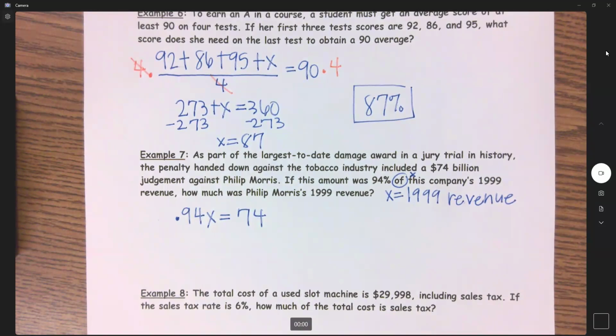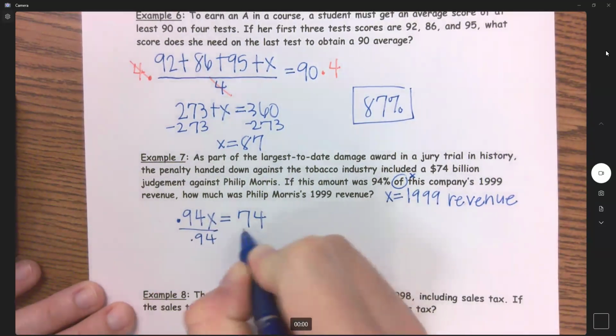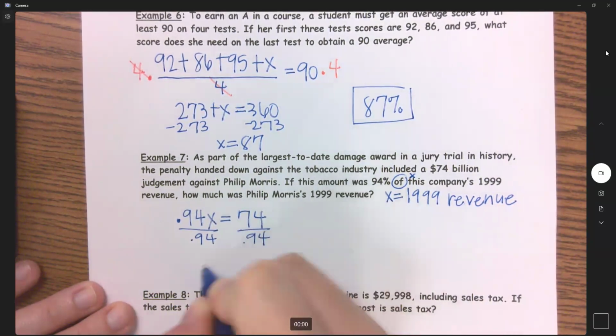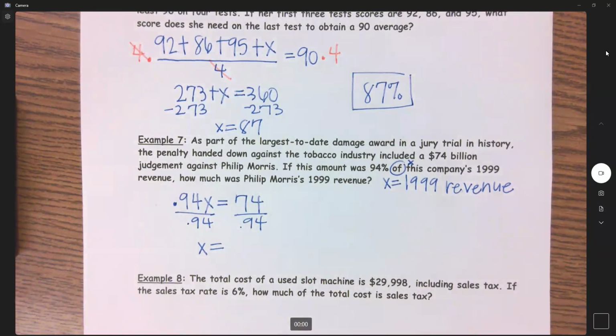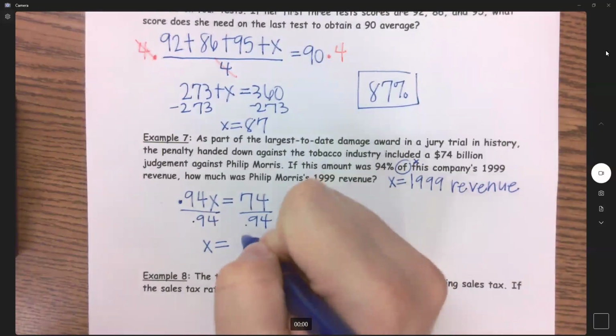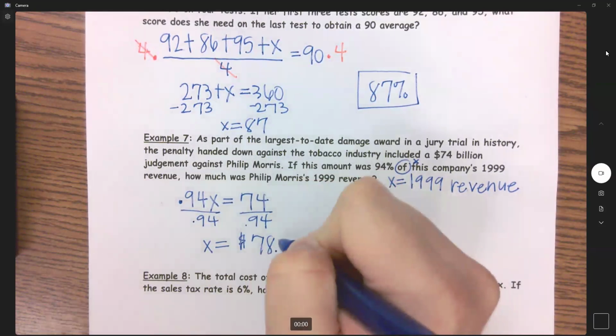Now, this is just division. Divide both sides by 0.94. And x equals what? So 74 divided by 0.94 gives me about 78.7.